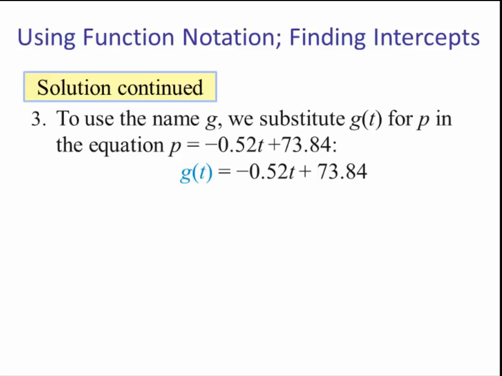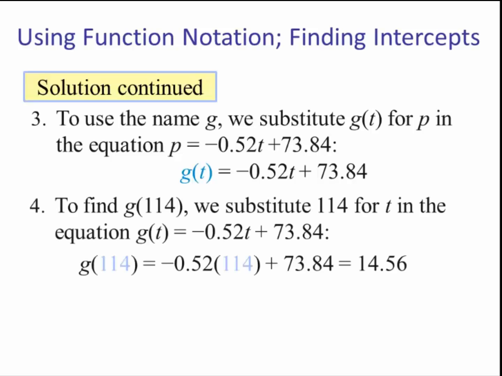Number 3, we want to use the function name g, so we substitute g of t for p, because t is our independent variable, and we have g of t equals negative 0.52 t plus 73.84. Number 4, to find g of 114, we substitute 114 for t.